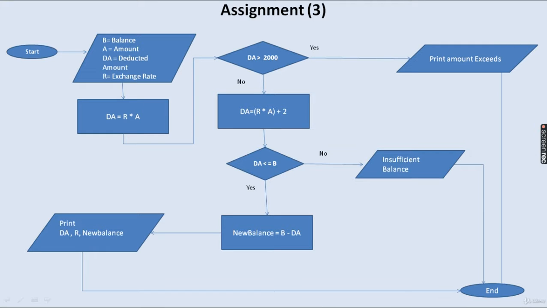This is what is happening in ATM machine actually when you try to withdraw an amount of US dollar and the base currency of your bank account is euro. Under the limitation or under the constraints of 2000 euro per transaction, and also under the business rule of applying 2 euro as transaction fees.